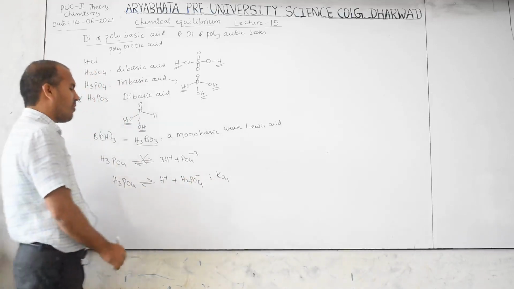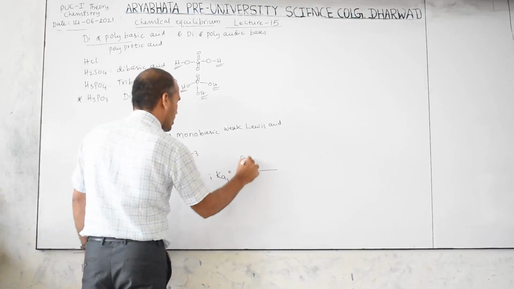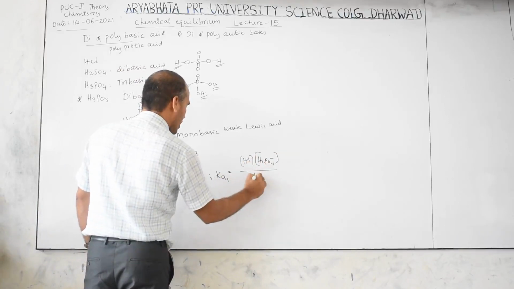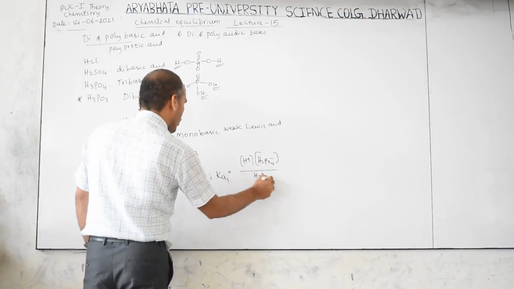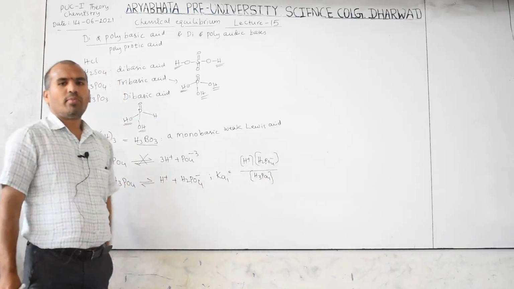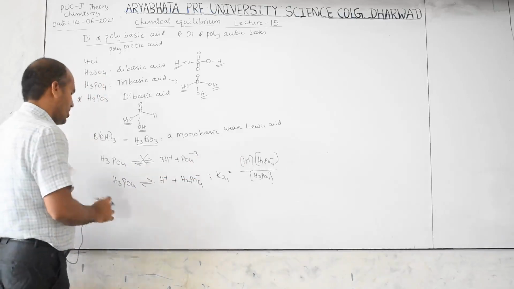How to write this Ka1? We know it is H plus ion concentration times H2PO4 minus ion concentration divided by H3PO4 concentration, because the equilibrium constant expression is product concentration by reactant concentration.